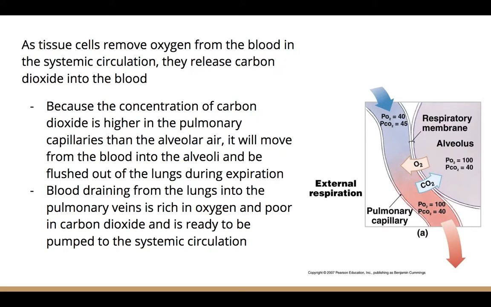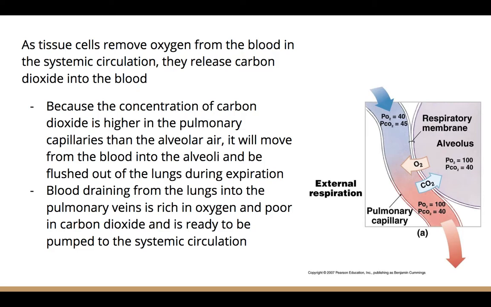As tissue cells remove oxygen from the blood in the systemic circulation, they release carbon dioxide into the blood. Because the concentration of carbon dioxide is higher in the pulmonary capillaries than in the alveolar air, it will move from the blood into the alveoli and be flushed out of the lungs during expiration.